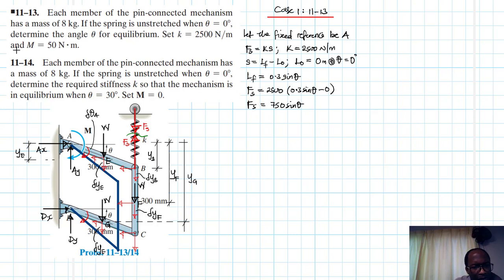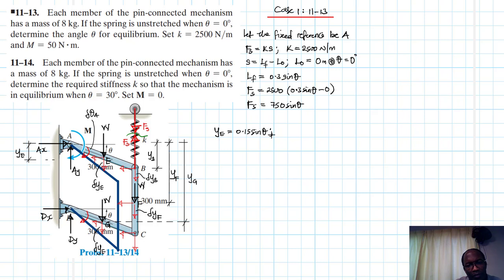Let's now define each one of these particular positions. So let's start with yE. yE is just going to be equal to half the length of the member, 300, which is 0.15 sine theta.